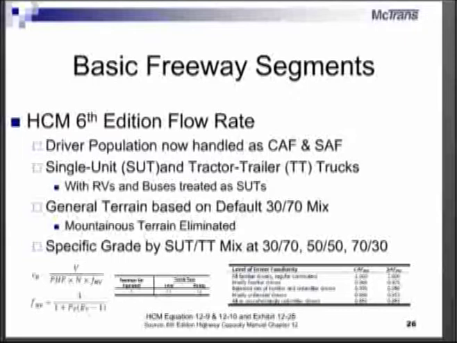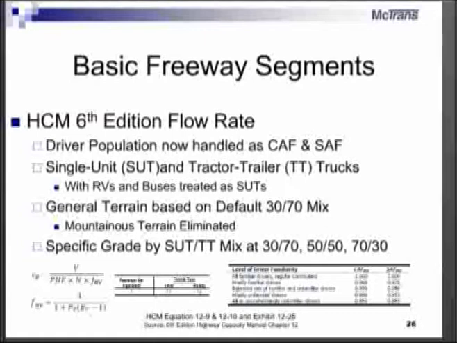It used to be that a flow rate was adjusted by dividing by 0.85 up to 1, somewhere in that range, to up the flow rate. And they just decided to adjust capacity instead. And you see it's essentially the same range, 0.85 to 1, with a little description on where you might fall in that range, depending on the mix of drivers out there.